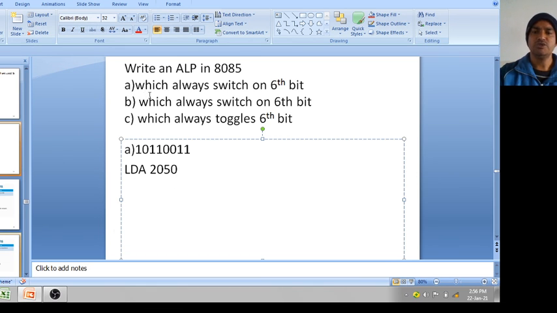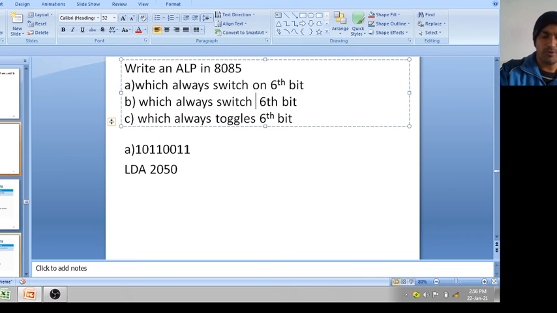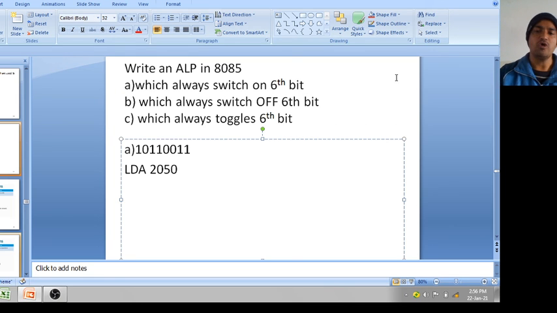Suppose the question is switch off, or toggle. Now this bit, what will you do? You just have to make it always high. You know this is the property of the OR gate.